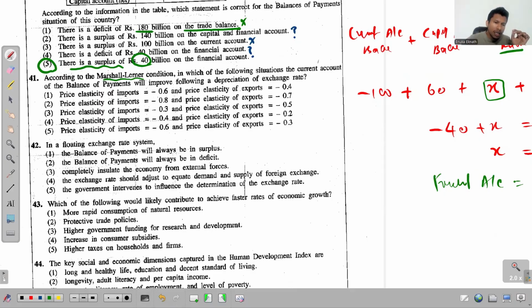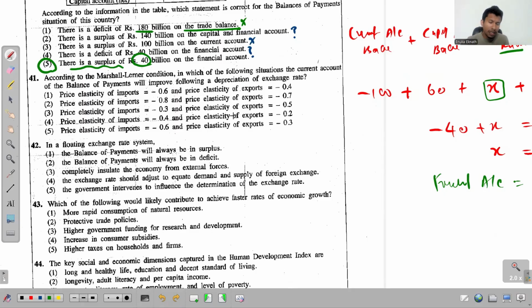Look at this question 41 now. According to Marshall-Lerner condition, in which of the following situations will the current account of the balance of payments improve following a depreciation of exchange rate? Just because the rupee gets depreciated, it will not ensure a favorable balance in the balance of payments. For a favorable balance after depreciation, the Marshall-Lerner condition should be satisfied.